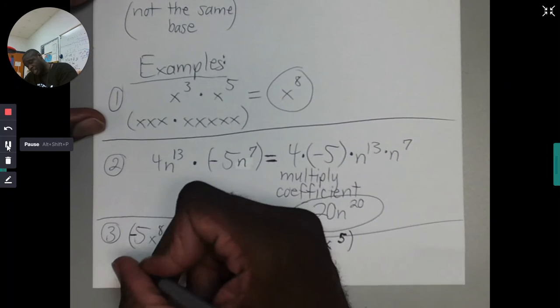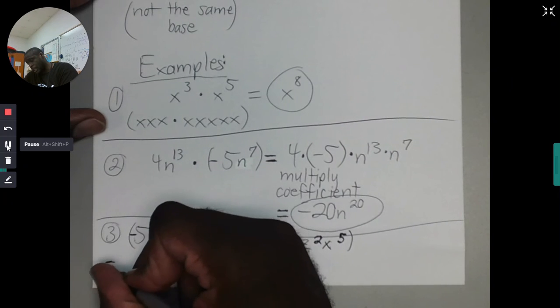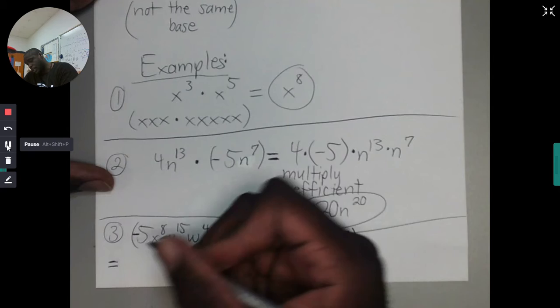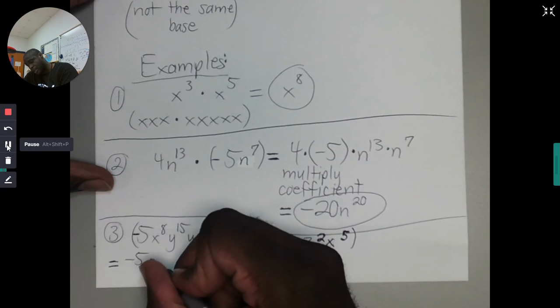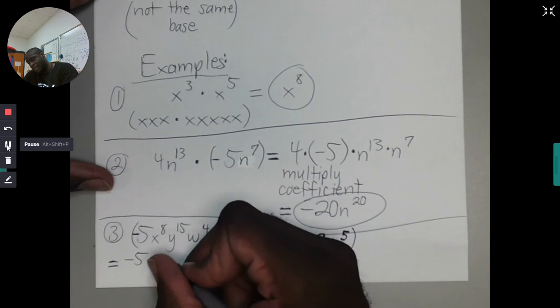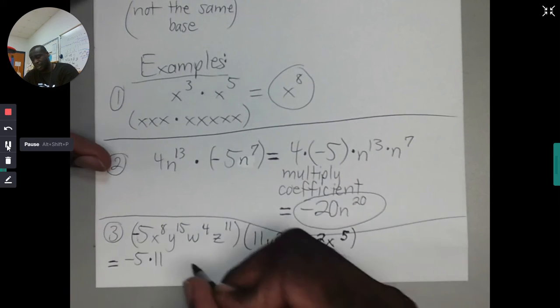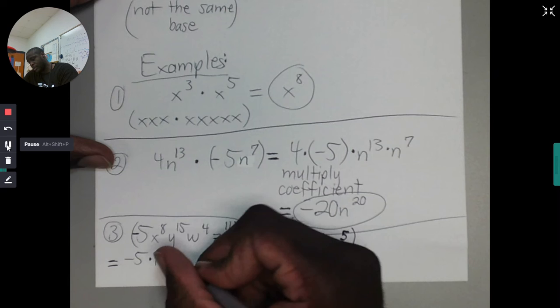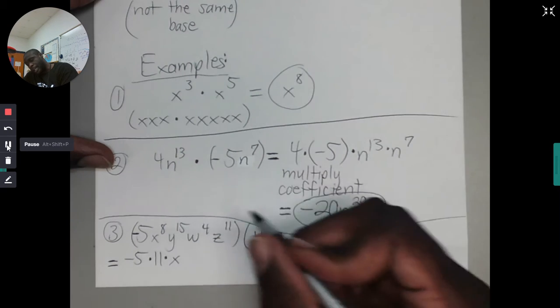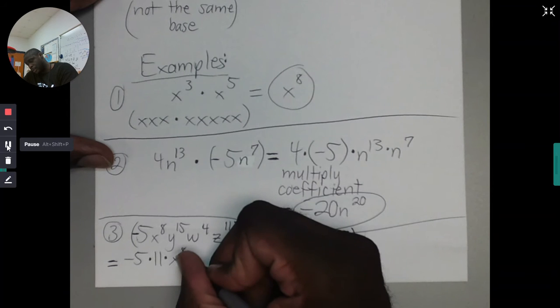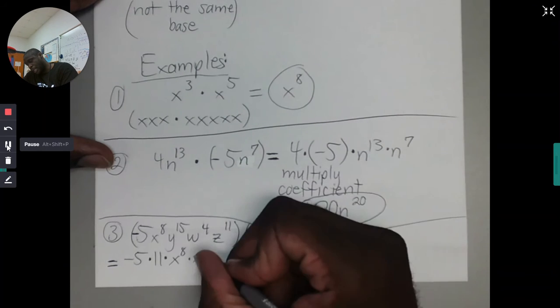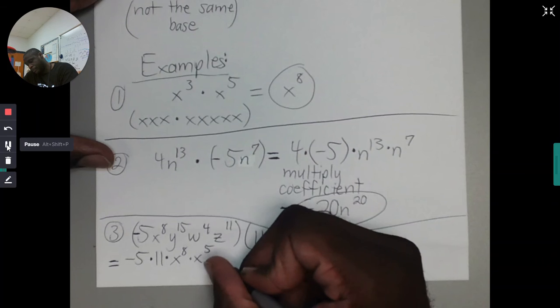My suggestion again is to write out the parts together that sort of look similar. The -5 looks like the 11, the x to the 8th power, you clearly know that looks just like the x to the 5th power.